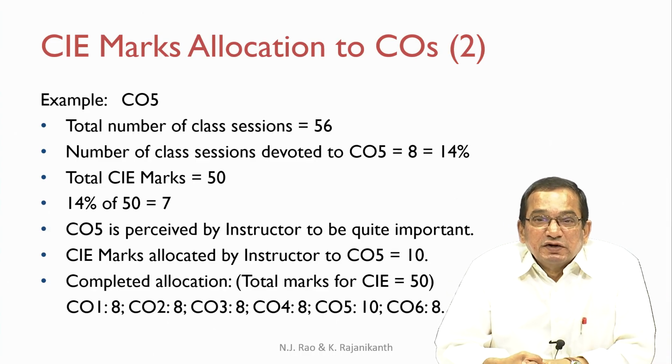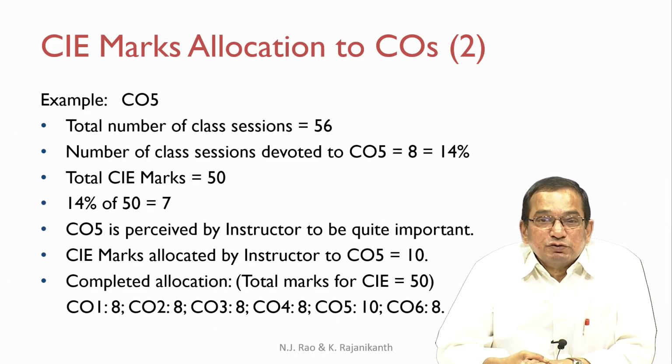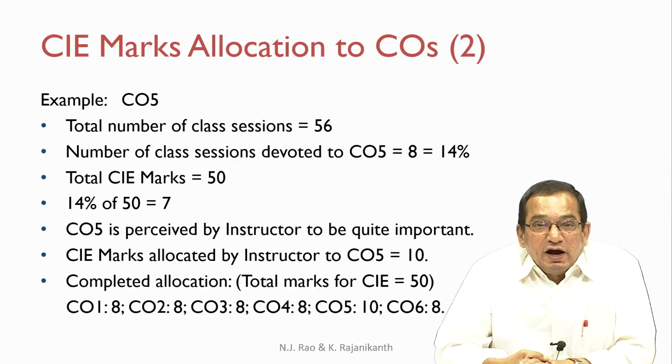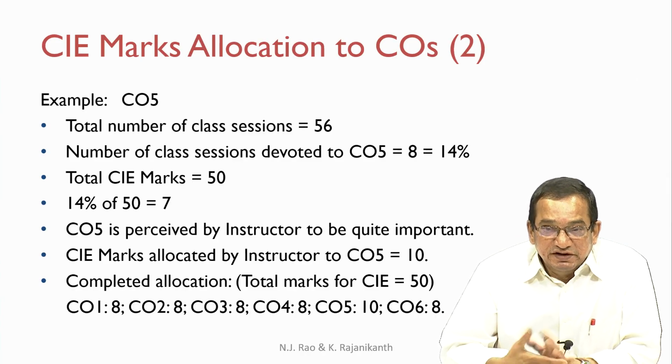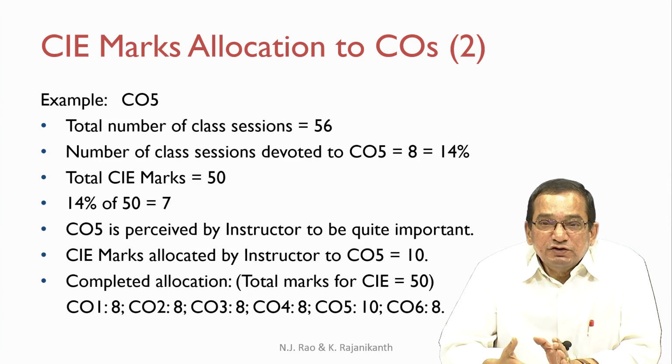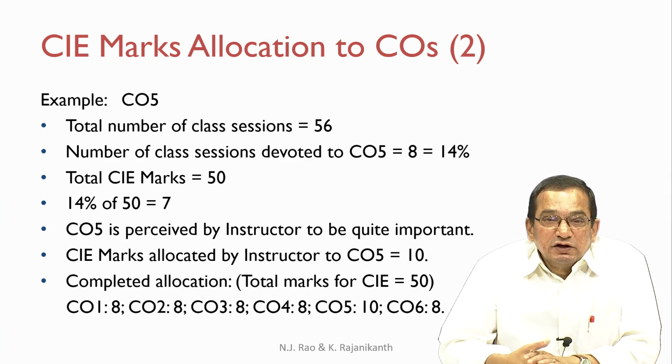As an example, in a course, let us look at one CO, CO5. Assume that the total number of classroom sessions is 56 and the number of classroom sessions devoted to CO5 is 8, that is 14%, and the total CIE marks is equal to 50.